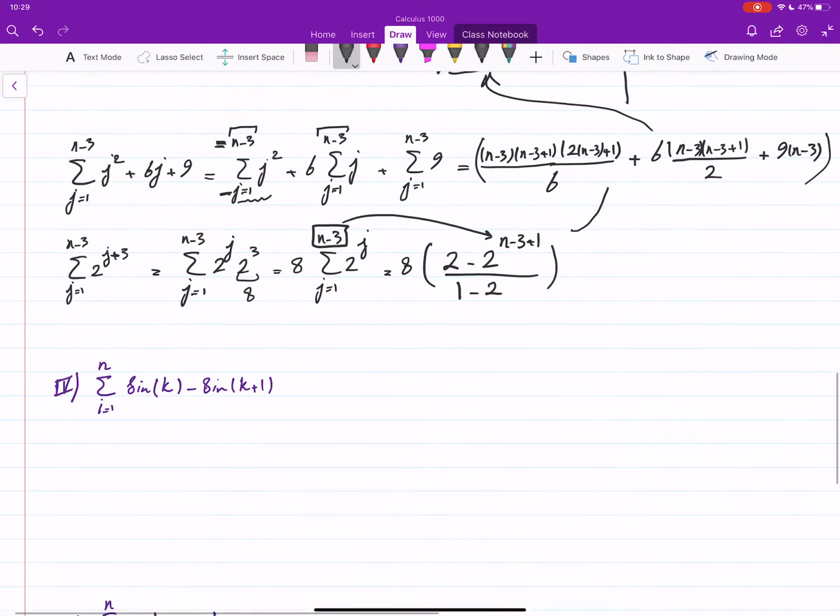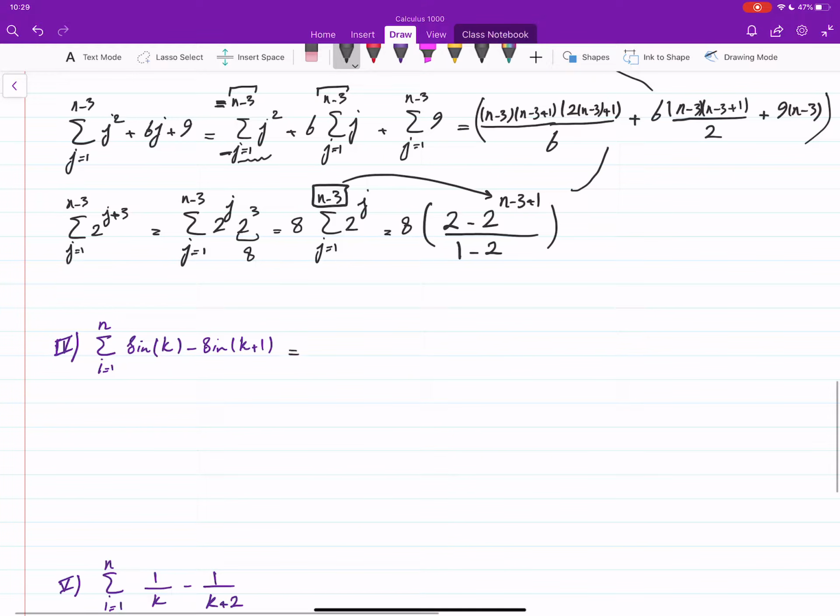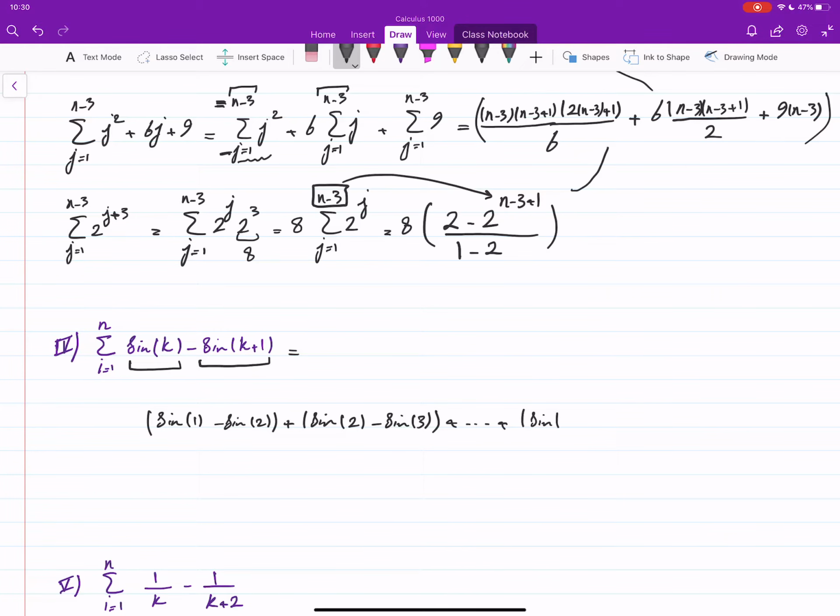Very nice. This is a telescoping series. So you see a sequence minus the next entry of that sequence. If you write this thing, it will be sine of 1 minus sine of 2 plus sine of 2 minus sine of 3, and it will go up to sine of n minus sine of n plus 1.